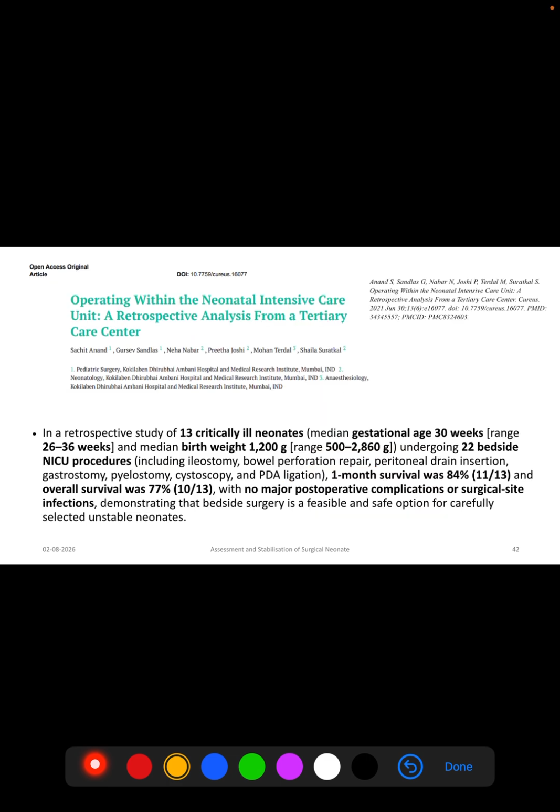Then also there is another paper, operating within the neonatal intensive care unit, a retrospective analysis from a tertiary care center. It has been shown that in 13 critically ill neonates, the median gestational age was 30 weeks, range 26 to 36 weeks, and the median birth weight was 2860 grams. They underwent 22 bedside NICU procedures, which include ileostomy, bowel perforation repair, peritoneal drain insertion, gastrostomy, pyelostomy, cystoscopy, and PDA ligation by the CTVS team.